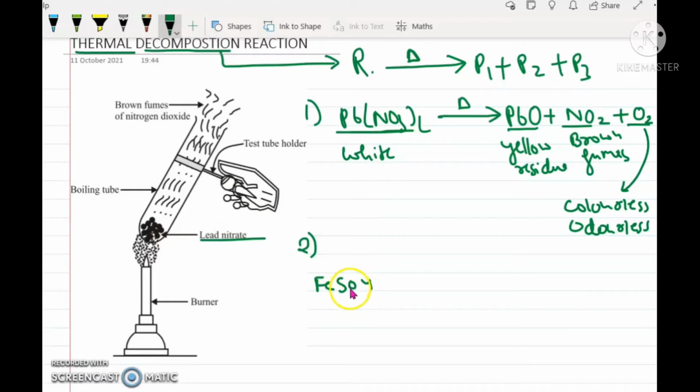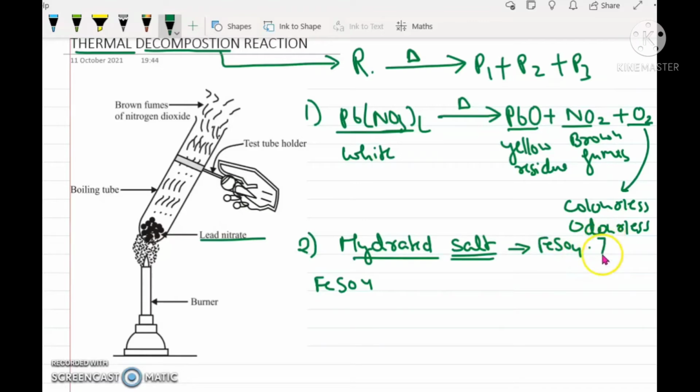But please do understand, they can also ask the question where the hydrated salt of FeSO4 is taken. If they start the reaction from the hydrated salt, that means they want you to start from the point where the salt is present along with the water of crystallization, that is FeSO4.7H2O.